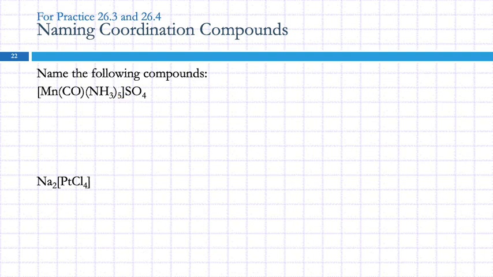So here we have [Mn(CO)(NH3)5] and we have SO4. And what's the charge on sulfate? 2-. So we have one of each of these. So if this is 2 minus, this one must be 2 plus.